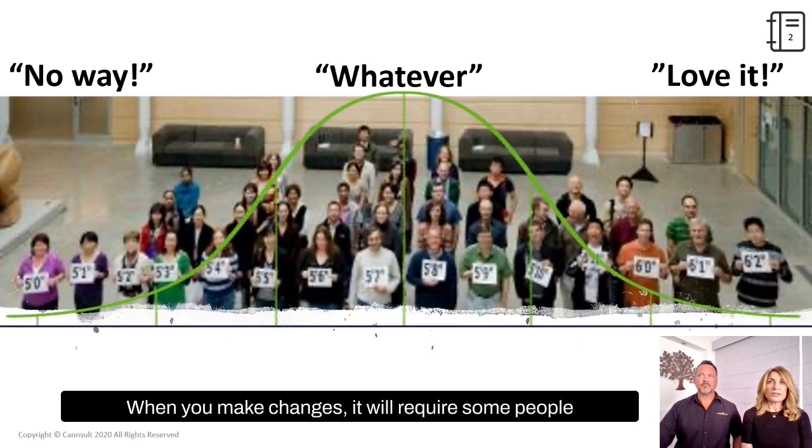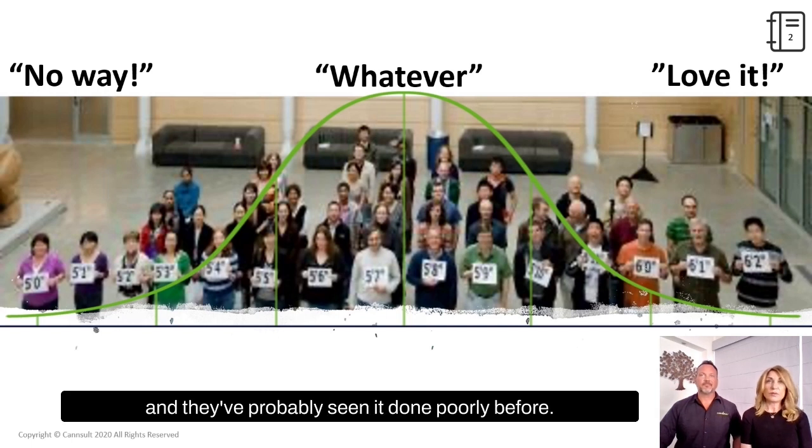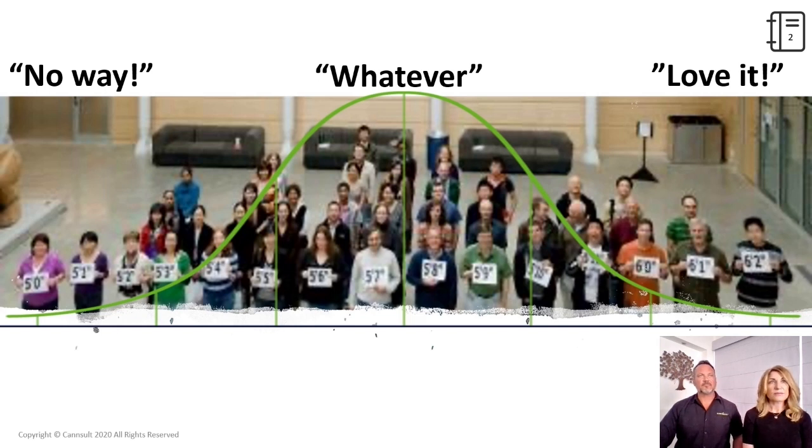When you make changes, it will require some people to do some things differently, and they know this, and they've probably seen it done poorly before. So from the very beginning, a process improvement team must first identify who our stakeholders are and what their perspectives are on changing the process.